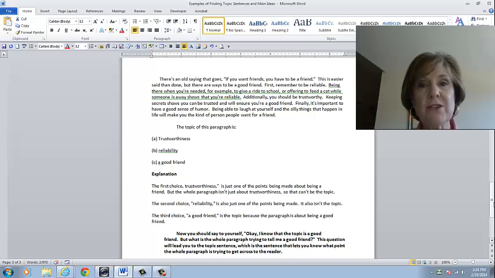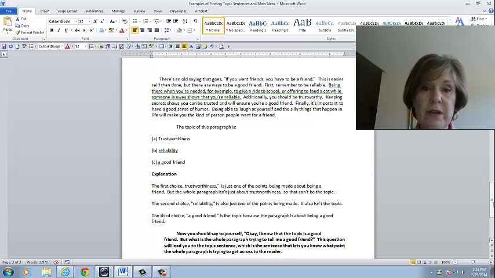The first question you ask yourself: what is this paragraph about? Is it about trustworthiness? Is it about reliability? Is it about a good friend? The first choice, trustworthiness, is just one of the points being made about being a friend. The whole paragraph isn't about trustworthiness, so that can't be the topic.